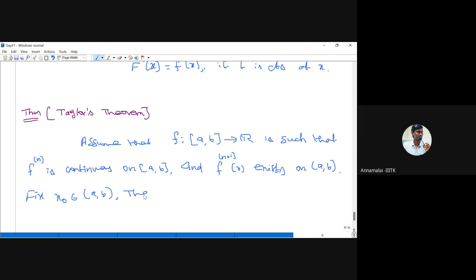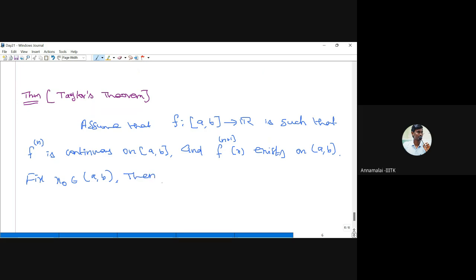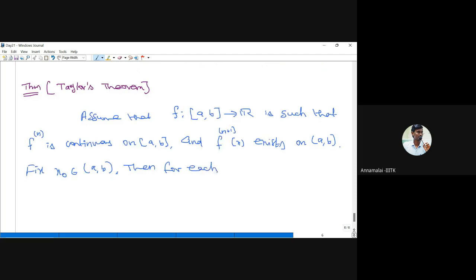Then for each x in the closed interval a comma b with x not equal to x naught, there exists a c between x naught and x, such that we can express f of x like this.